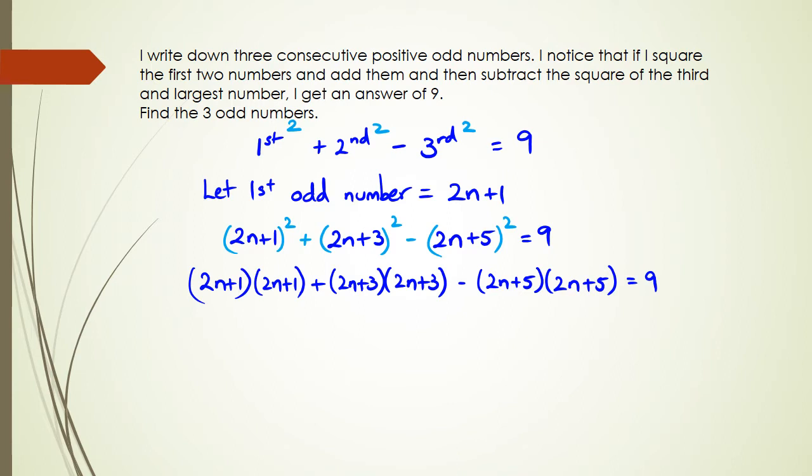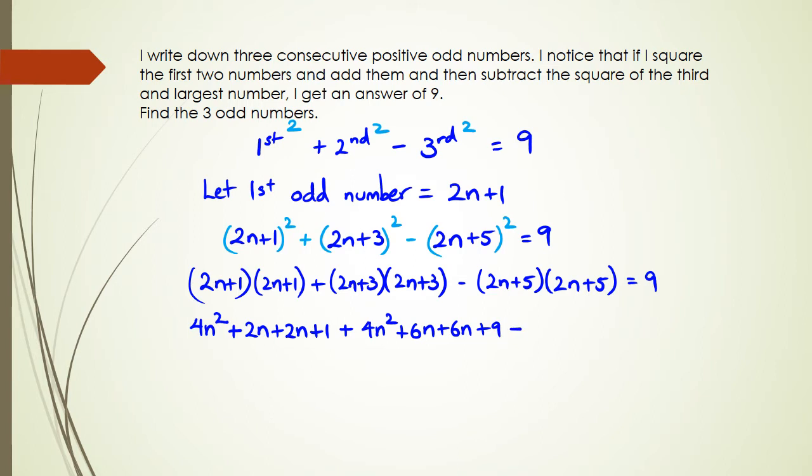Now (2n plus 1) squared gives 4n squared plus 2n plus 2n plus 1, and the next brackets, when we expand, give 4n squared plus 6n plus 6n plus 9.